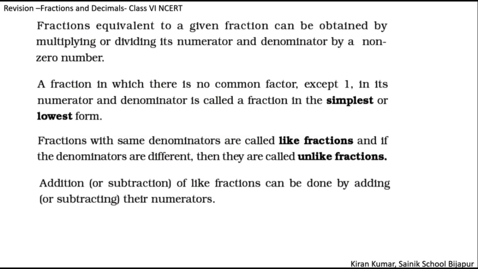In case of unlike fractions, we follow a different method: taking the LCM and making it the same denominator. In other words, all the unlike fractions are converted into like fractions, and then the operations like addition or subtraction are done.